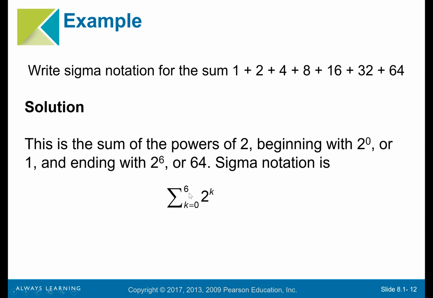Okay, you take the top number minus the bottom number and add 1 back. You're adding 1 back because you're subtracting off the bottom number. So 6 minus 0 is 6. Add 1 back for 7 terms. If I had said k equals 1 to 7, we would have done 7 minus 1 is 6. Add 1 back to get 7.